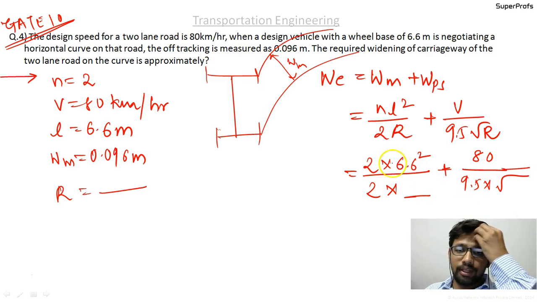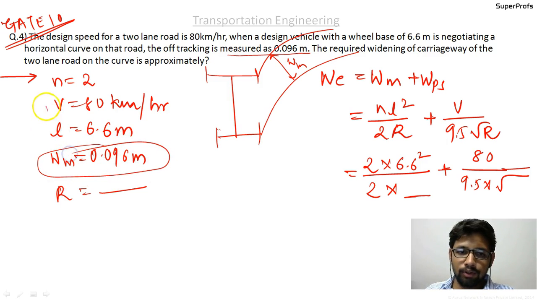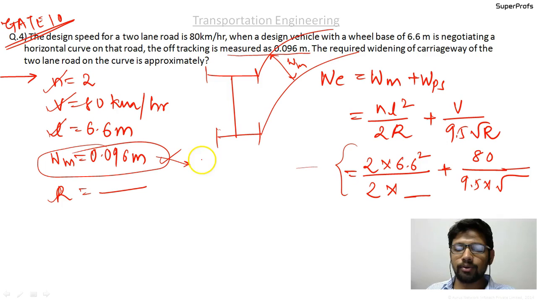So we need to use the information given in the earlier statement: off-tracking is measured as 0.096 meters. We use V, N and L, and we want to use R in this formula, but this is additional information, so we should use it to get an equation and find the R value.